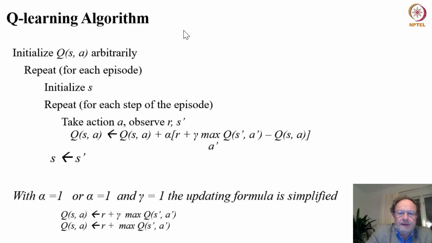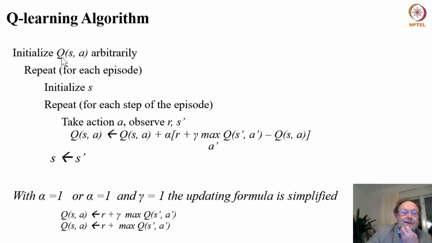Here you see the Q-learning algorithm in a pretty abstract form. In the beginning, it says Q of S and A, so that is this quality function.